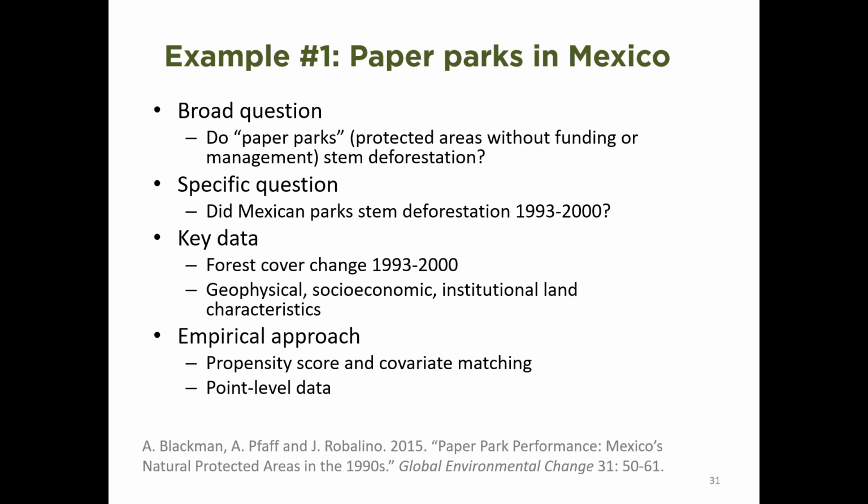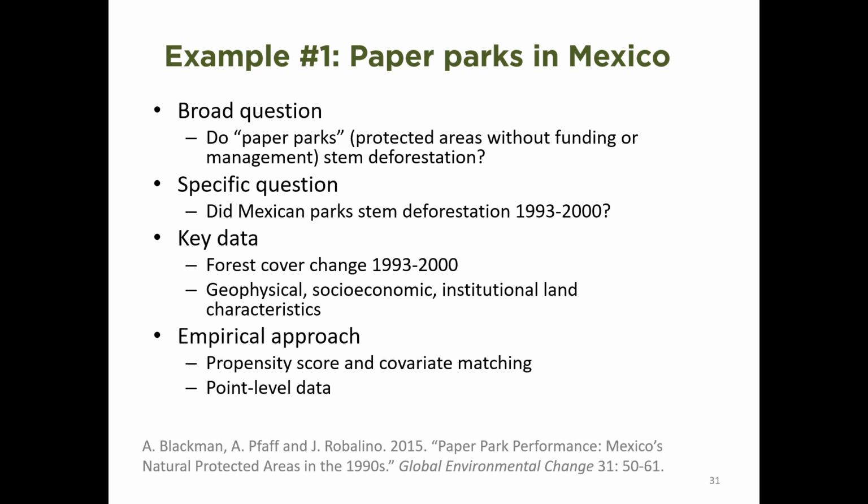One could imagine that parks like that in developing countries could stem deforestation, and that could happen if, for example, drawing a park on paper creates an expectation that land use restrictions are going to be enforced sometime in the future.